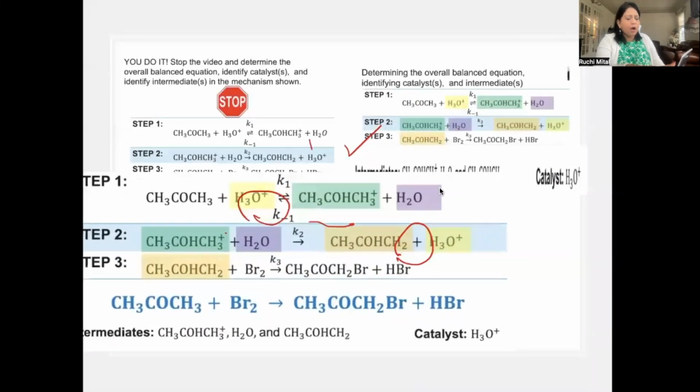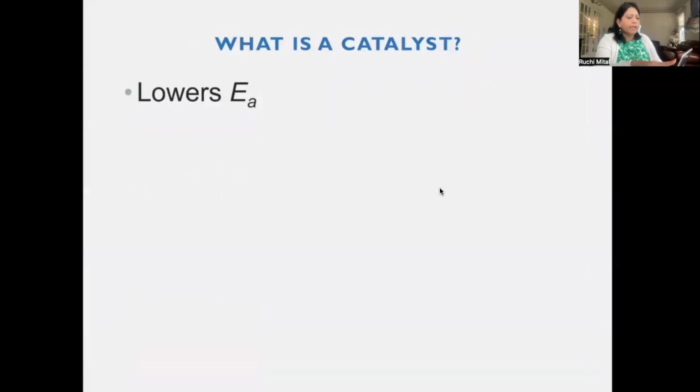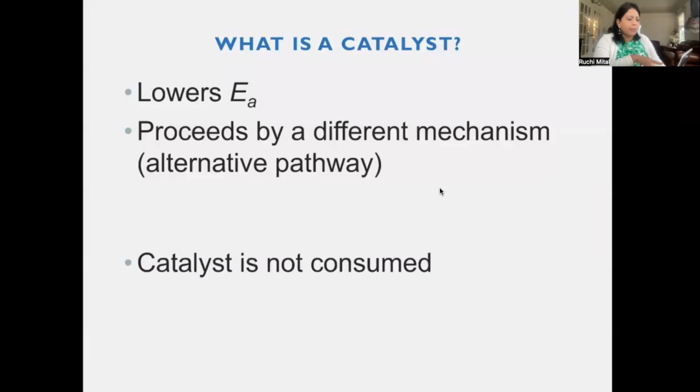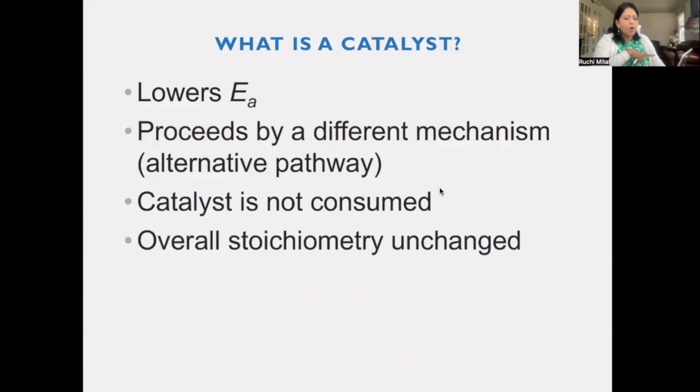Now we are here on our last part of this chapter, which is to describe the function of what a catalyst does. So what does a catalyst do? It lowers the activation energy, proceeds by a different mechanism. It takes an alternate pathway. A catalyst is something that is not consumed. Overall stoichiometry is unchanged. It does not change the stoichiometry ratio.